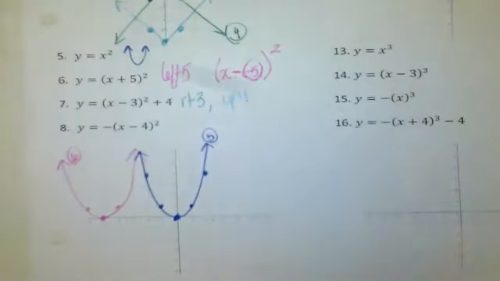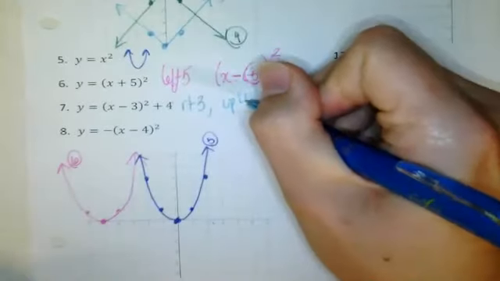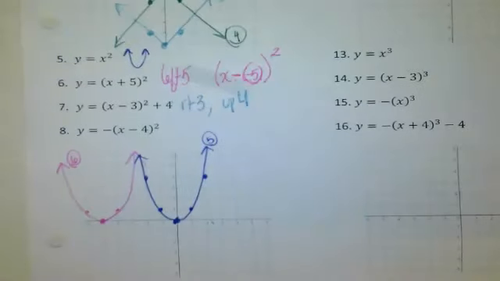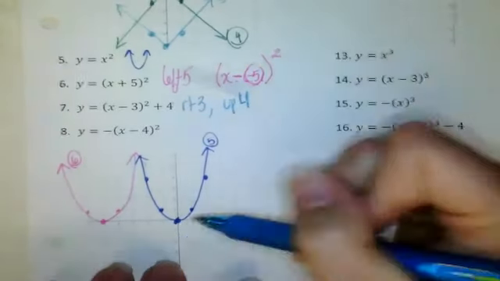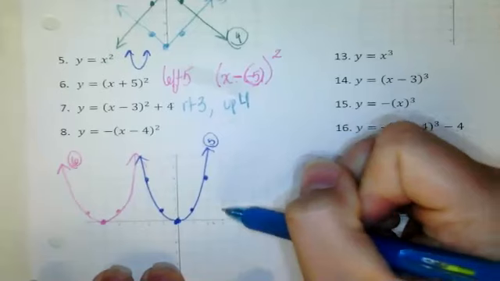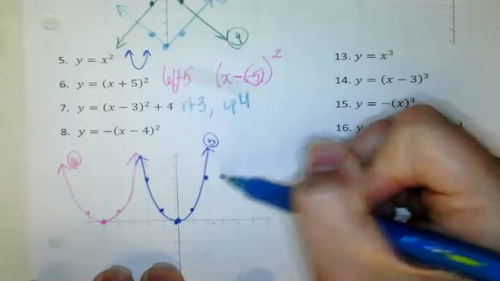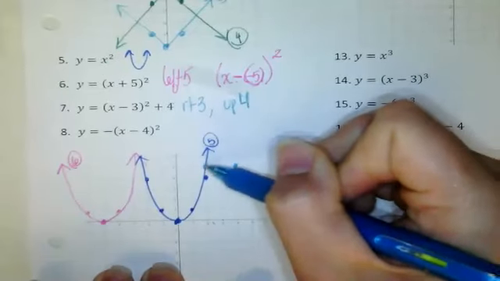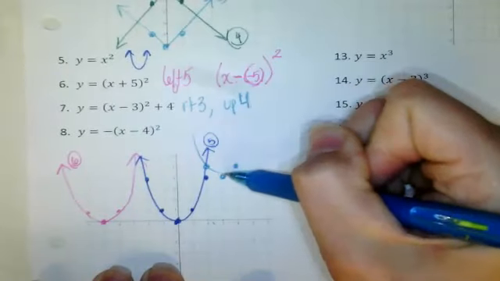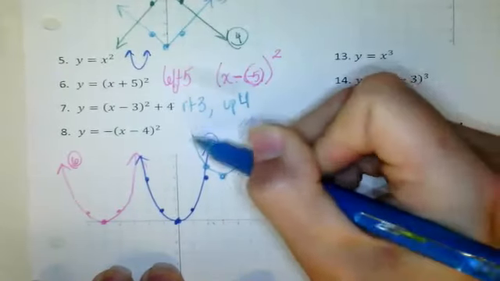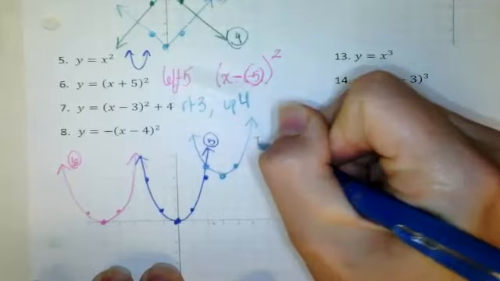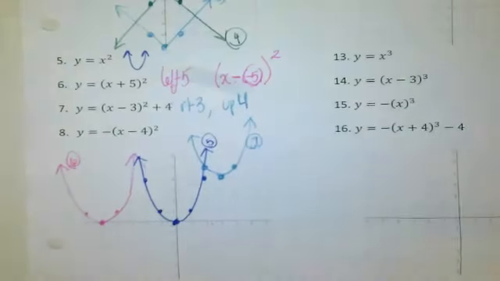Everything with the y's is just what it says. So we take our blue graph and shift it right 3 units and up 4 units. Right 1, 2, 3, up 1, 2, 3, 4.